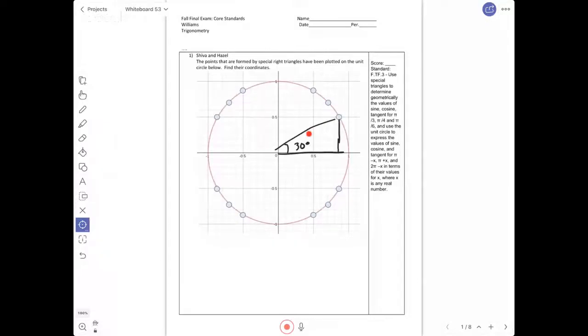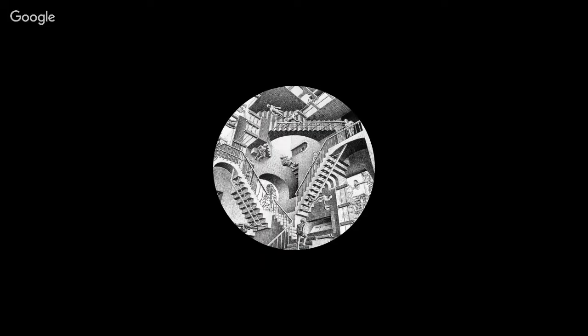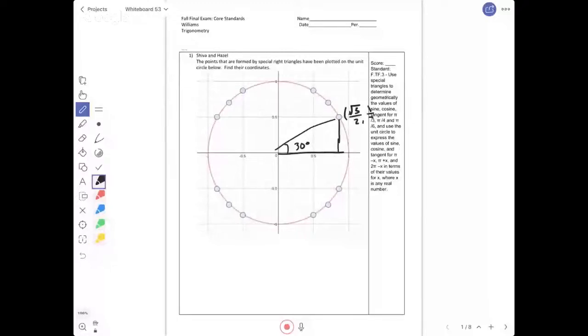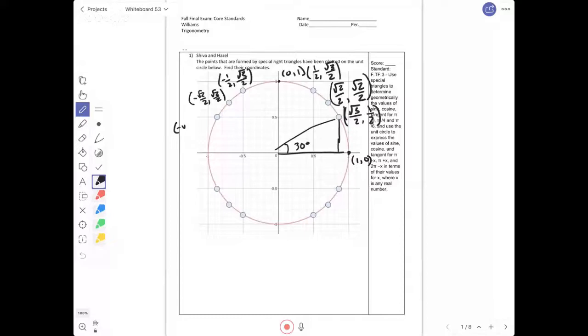So this point is created by going over root 3 over 2, 1/2, and by the same logic with the 45-45-90 triangle, I've got root 2 over 2, root 2 over 2, and 1/2, root 3 over 2. Of course, this point is 0, 1. Now I'm moving left, so I've got negative 1/2, root 3 over 2, negative root 2 over 2, root 2 over 2, and negative root 3 over 2, 1/2.